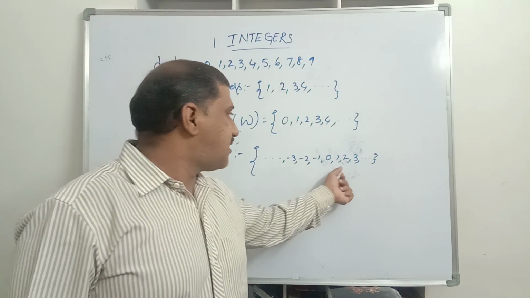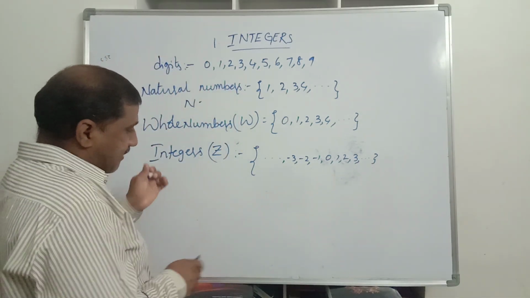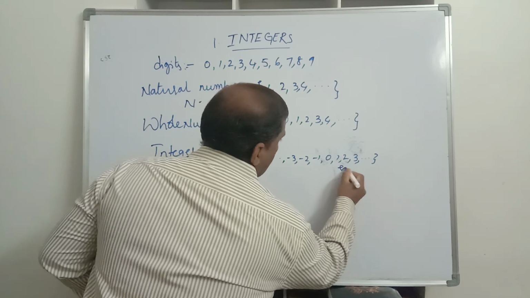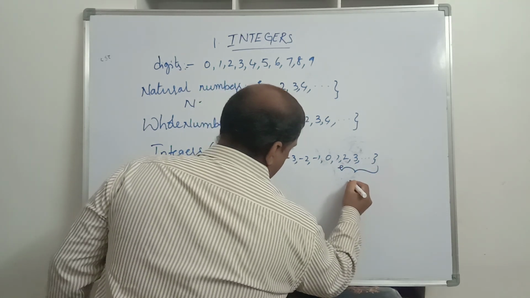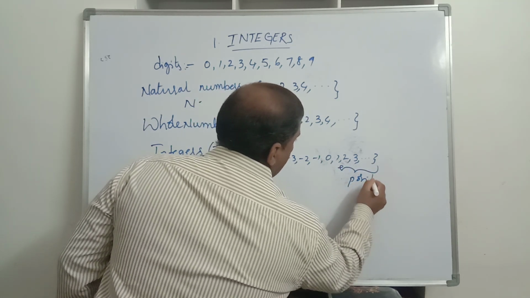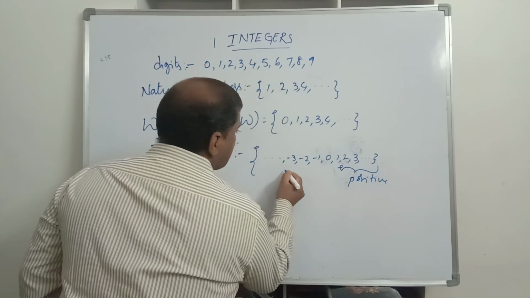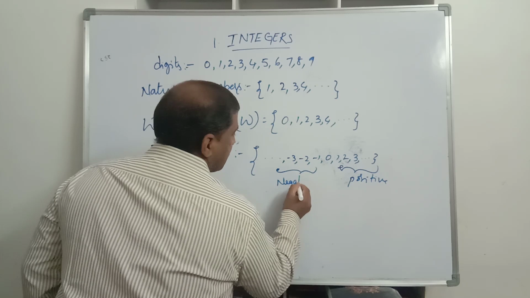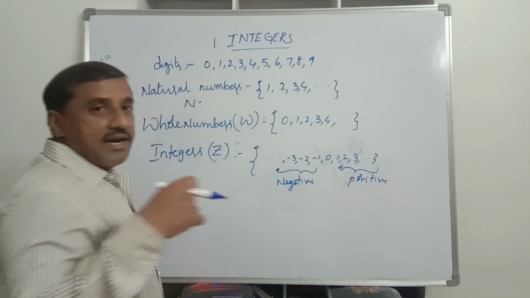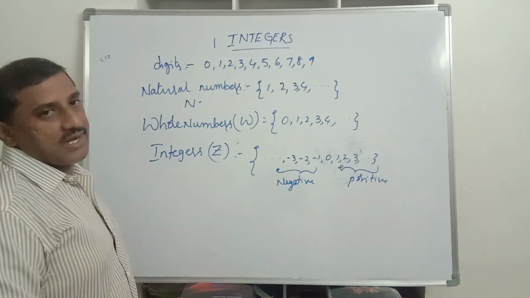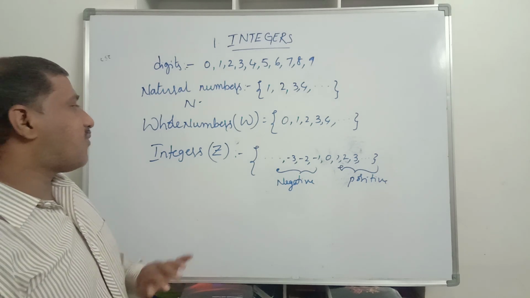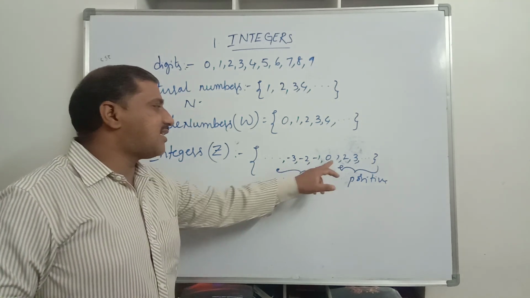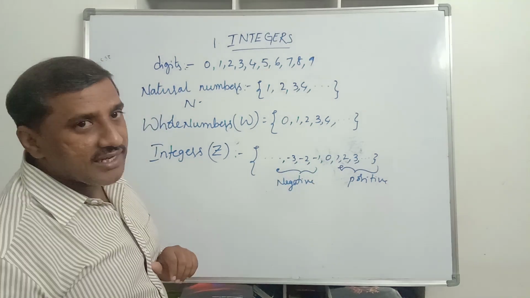These are known as positive integers, and those are known as negative integers, whereas 0 is neither a positive nor a negative integer. Now, which is the least positive integer? It is 1.